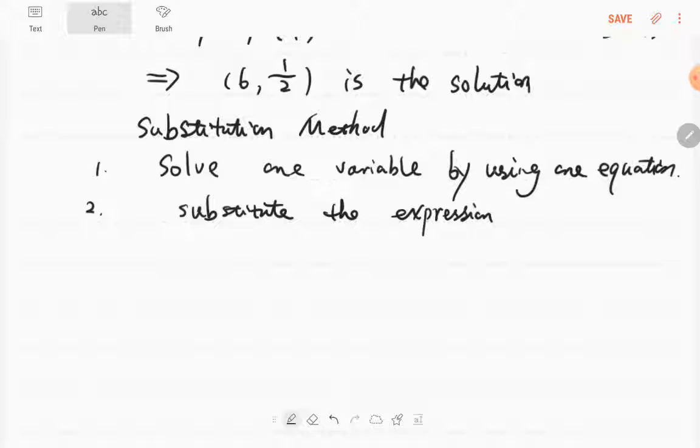If we solve for x, we will get x equal to some expression. Then step 2, we're going to use that expression to replace the variable x, right? But this time we're gonna substitute the expression in another equation.